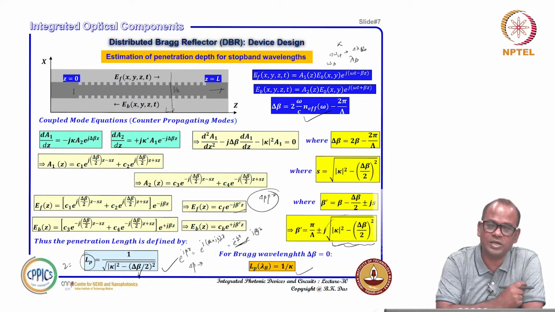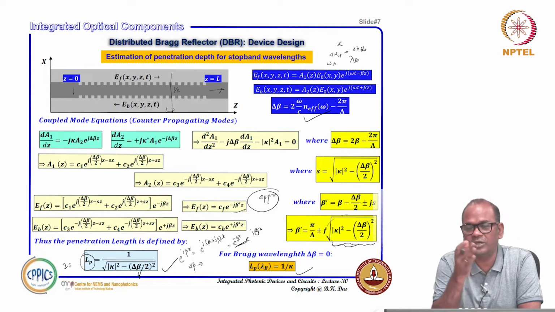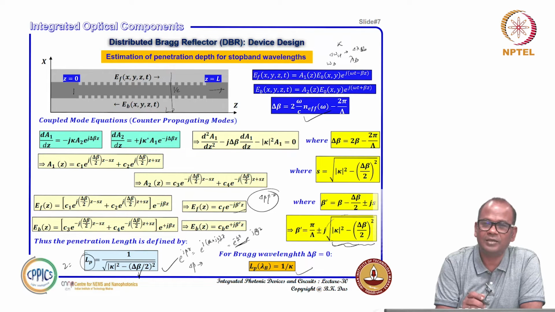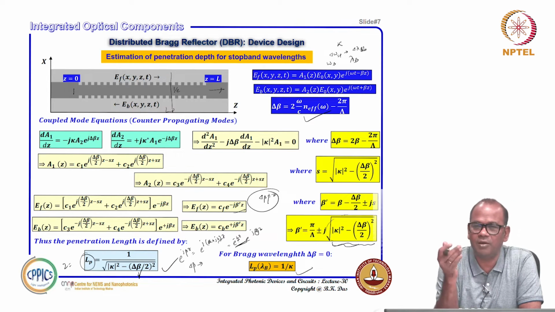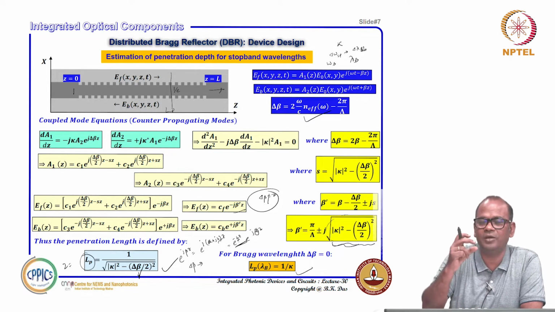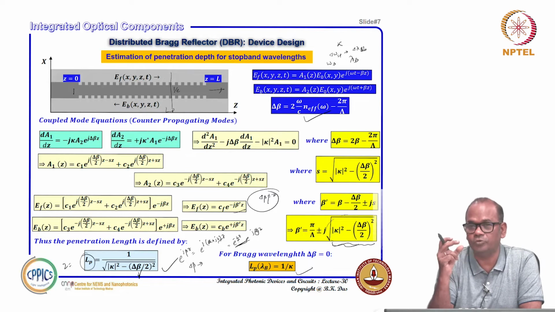The same concept, it is a kind of periodic structure, we can call that a one dimensional photonic band gap structure. If it is a DBR, I can say that in a semiconductor you have a conduction band and valence band, and we have a band gap where electron energy is not allowed.